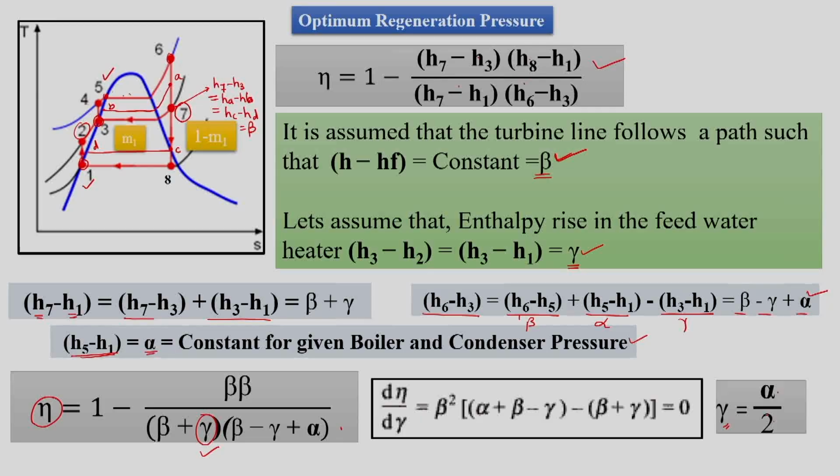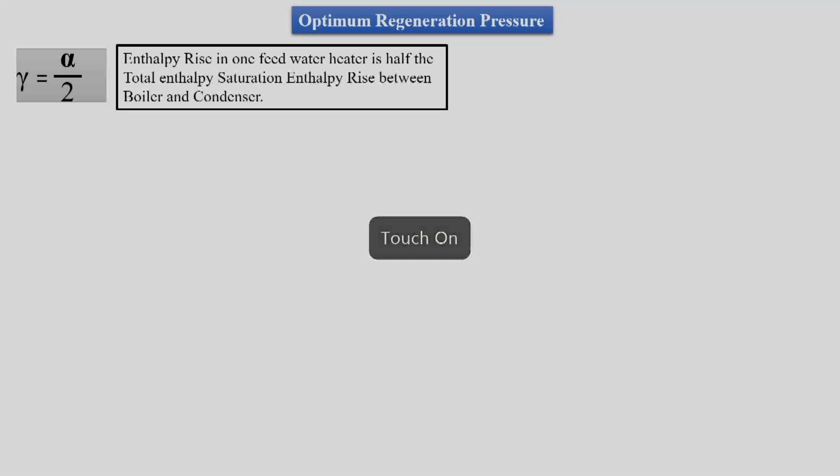As we know, alpha is the enthalpy difference between the boiler saturation enthalpy of liquid water and the saturation enthalpy of condenser liquid water. Gamma is equal to alpha by 2, which means the enthalpy rise in one feed water heater is half the total enthalpy rise which takes place between boiler and condenser.